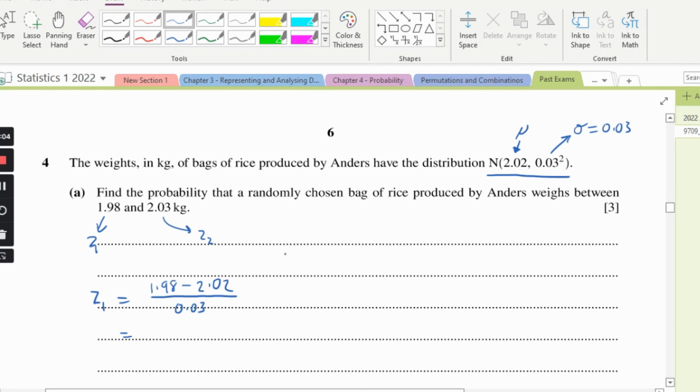Shout it out if you get it. Yep, with the 12.3 recurring. I agree. Perfect. Let's do Z2 while we're at it.